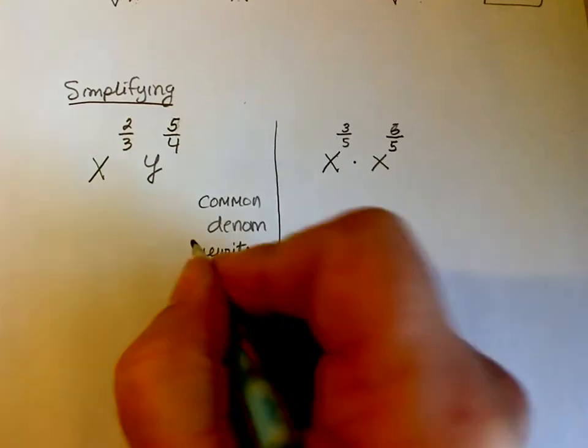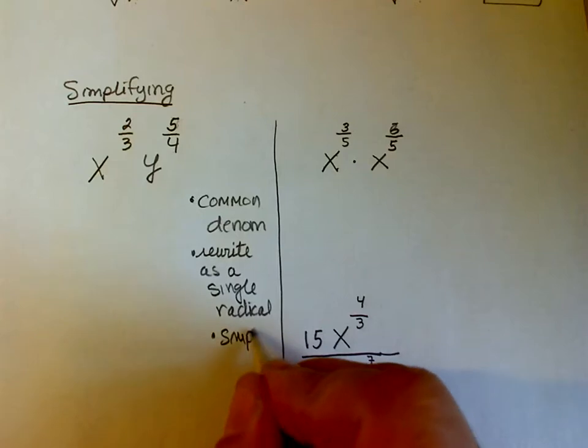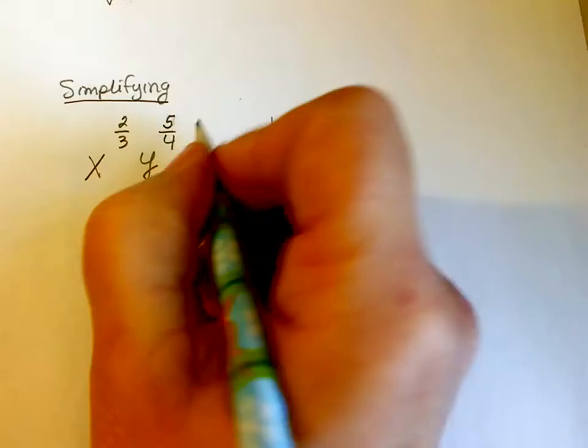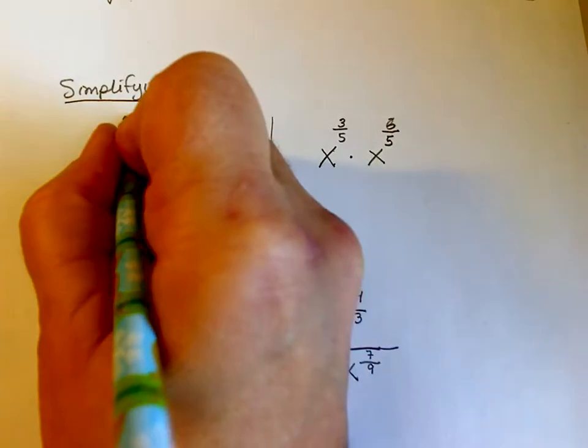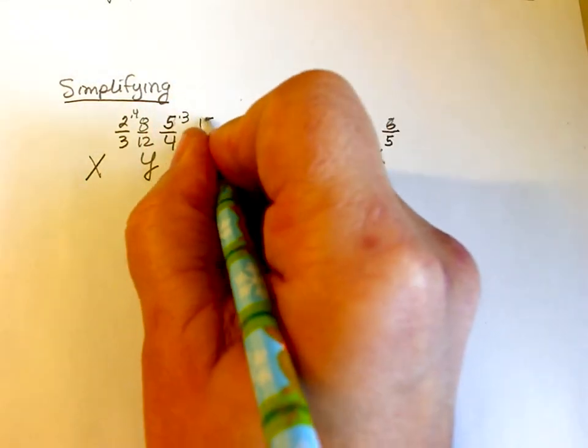And then once we do that, it should make simplifying the radical a lot easier. This is one technique that I like to use. Common denominator is 12. I'm going to multiply my numerator by 4. Multiply this numerator by 3.